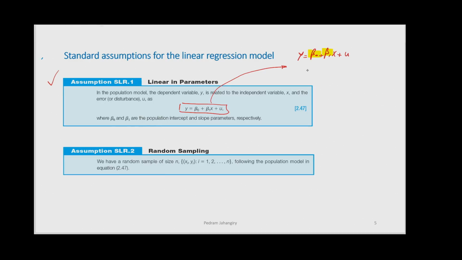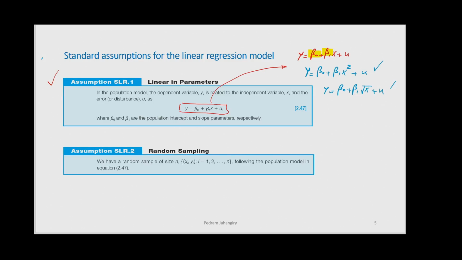So we focus on the term linear in parameters. It means that this model is perfectly fine. If I write y equals beta 0 plus beta 1 x squared plus u, this is perfectly fine. Yes, the model is nonlinear in x, but it is linear in beta, and that's all we need. Let me give you another example. y is equal to beta 0 plus beta 1 square root of x plus u.